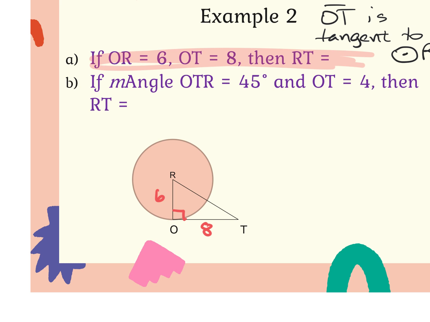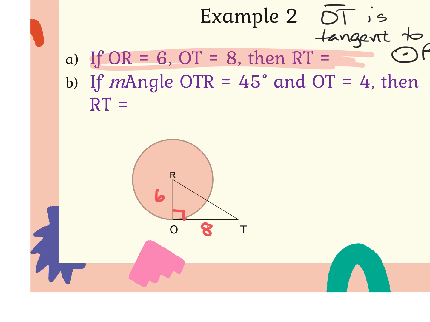In order to find the length of RT, I'm going to need to use the Pythagorean theorem, because I know that when a line is tangent to a circle, it will be perpendicular to the radius at the point of tangency. If you recognize that this is a Pythagorean triple, the 6, 8, 10, a scaled up 3, 4, 5, then you don't have to do the Pythagorean theorem.